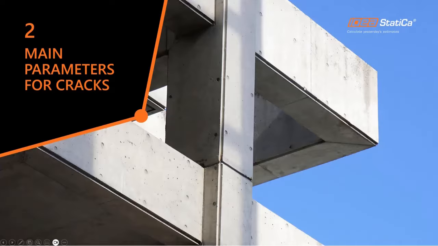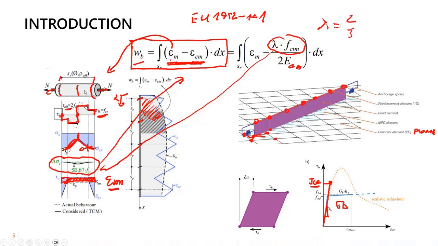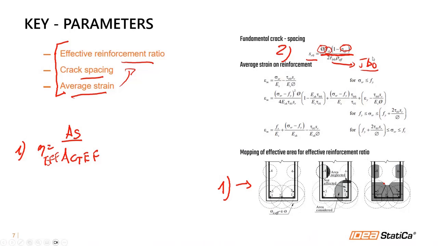If we come back here, tau b0 is equal to 2 times FCTM. So this is my assumption. If you put the effort into filling out the equation, you will receive the same value as in the Idea Statica 2 detail or basically in the CSFM.